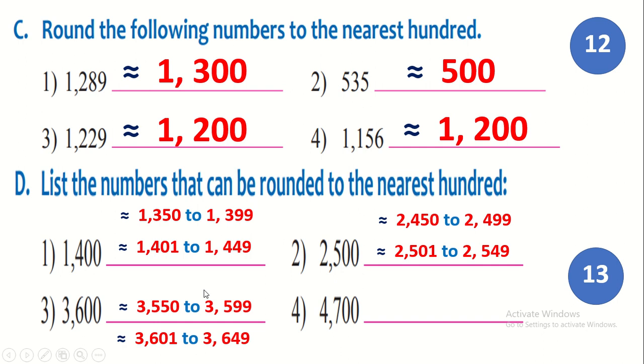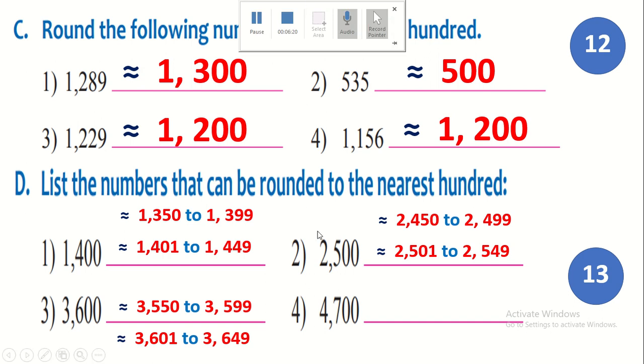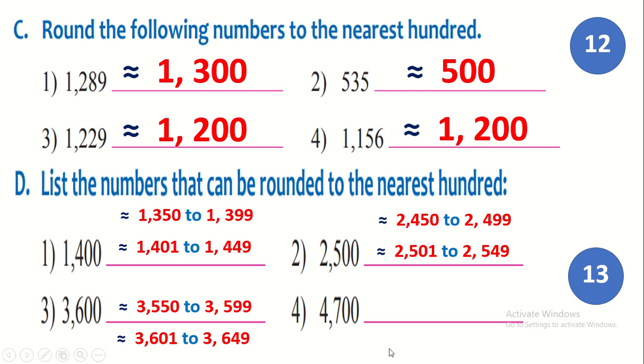These are 3,550 to 3,599 and 3,601 to 3,649. Next is number 4. Number 4 is 4,700.